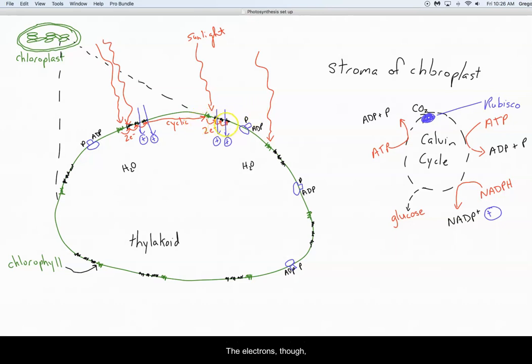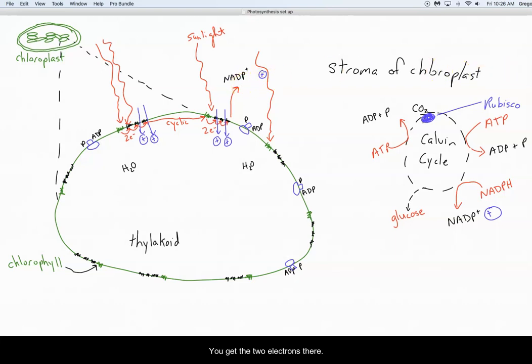The electrons, though, can also go out and join up with an ion, or an ion molecule. It's a gigantic molecule, so I shouldn't call it an ion, really. But it's an NADP and a proton, which is an H ion.